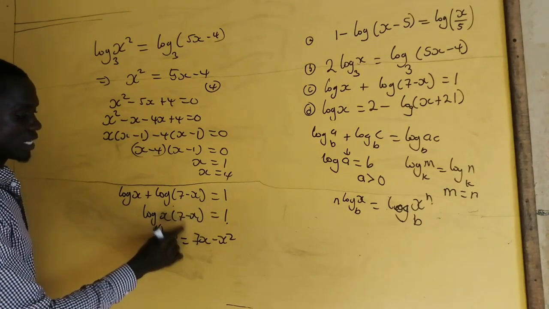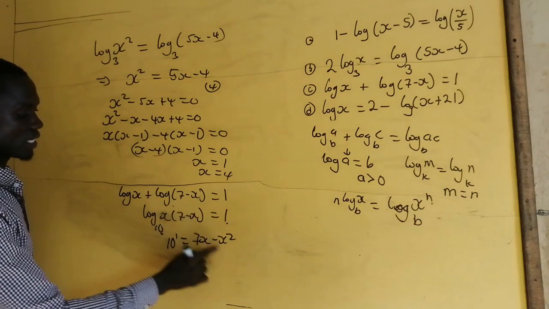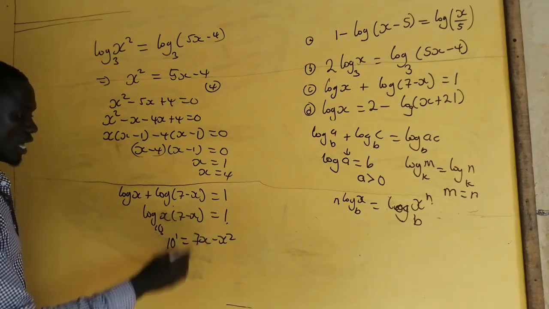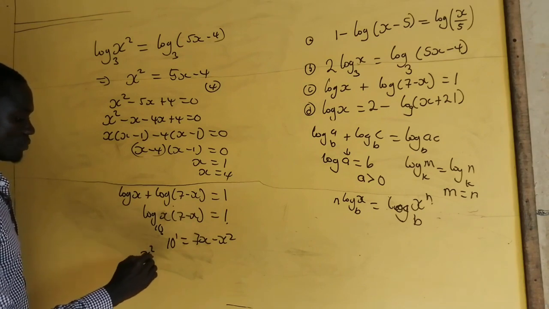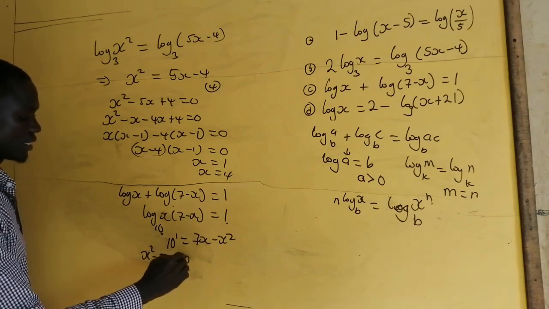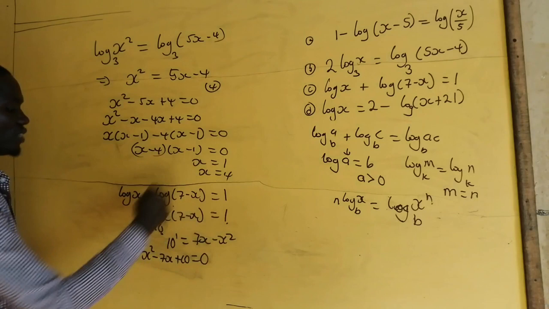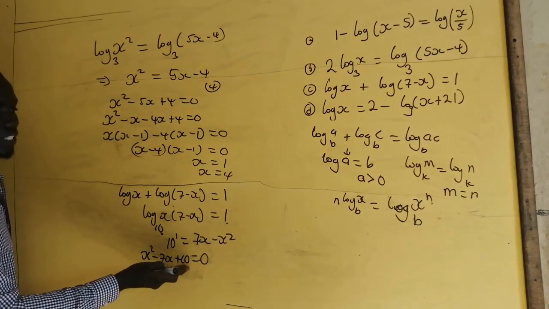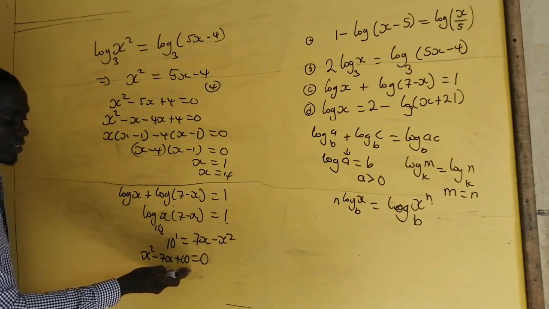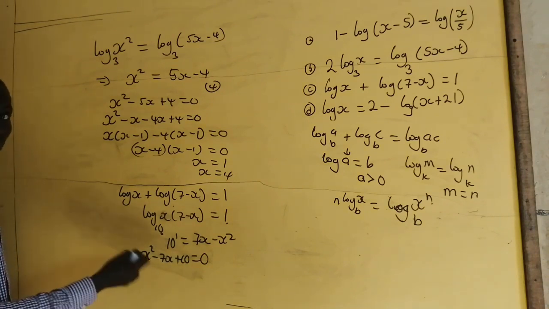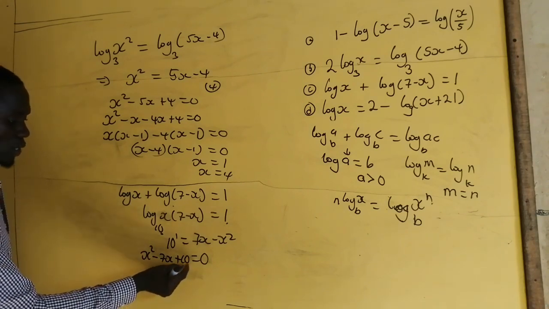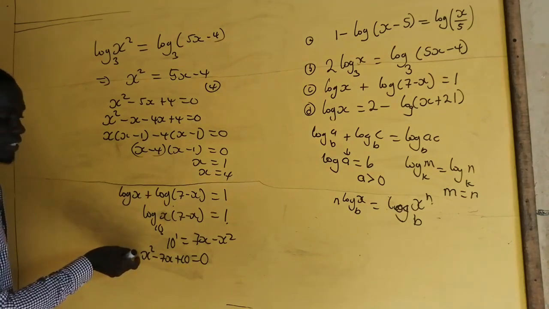That is 7 times x, 7x, x times minus x, minus x squared. So here, if we group, we are going to have x squared minus 7x plus 10 equal to 0. I've moved these to this side. Now, we can factorize this or use the quadratic formula. If it factorizes, fine. If it doesn't factorize, use the quadratic formula. But this one, positive 10 times 1 is positive 10.